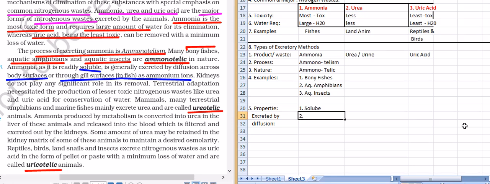Second, because it is soluble, it can be readily diffused into the body surface or through the gills.